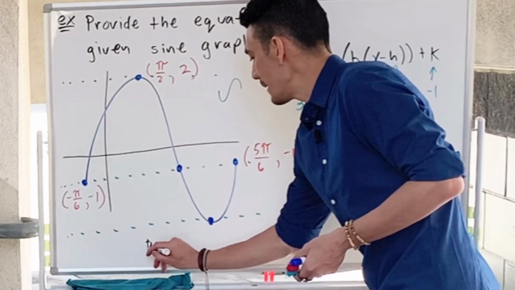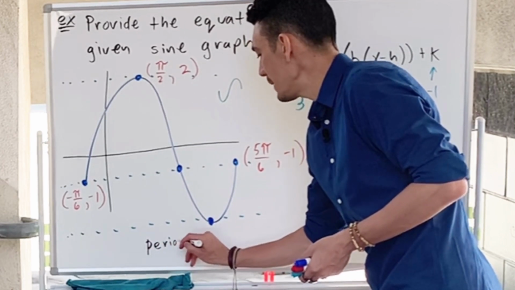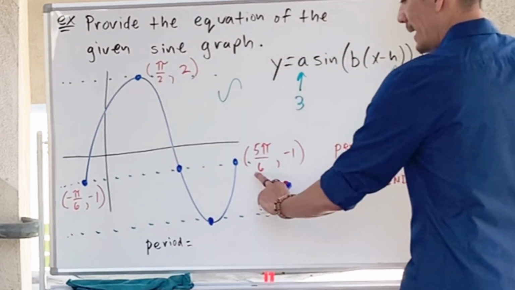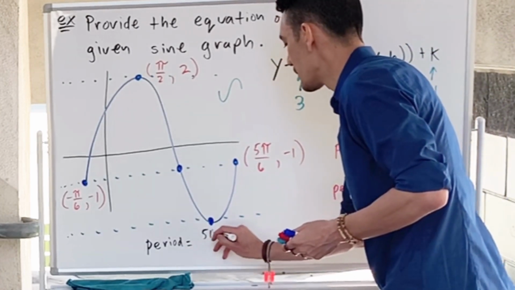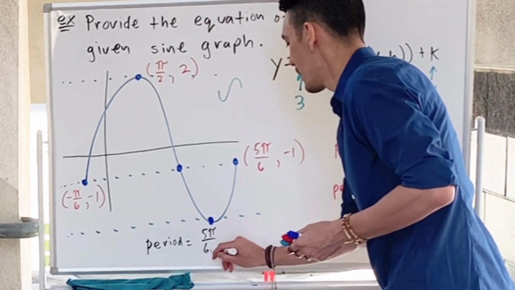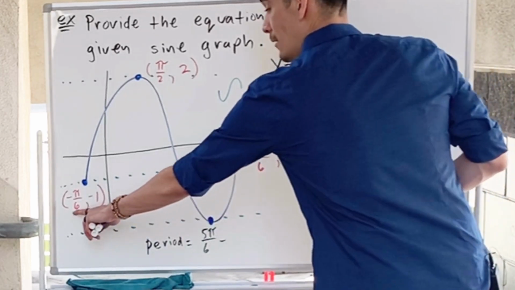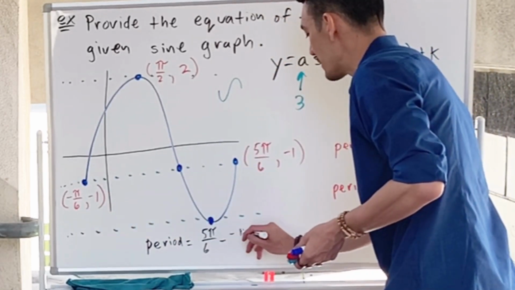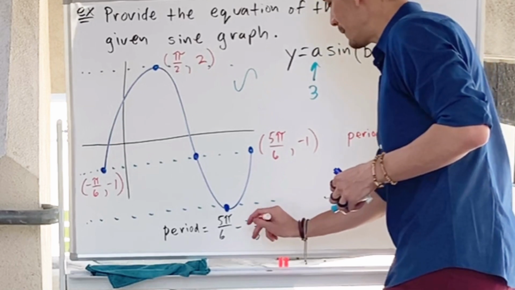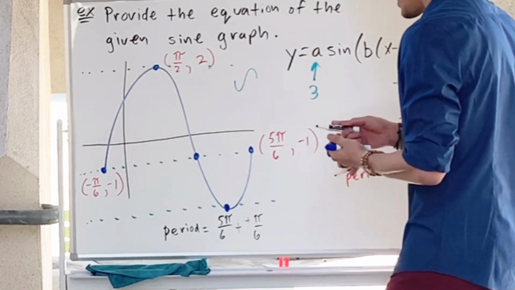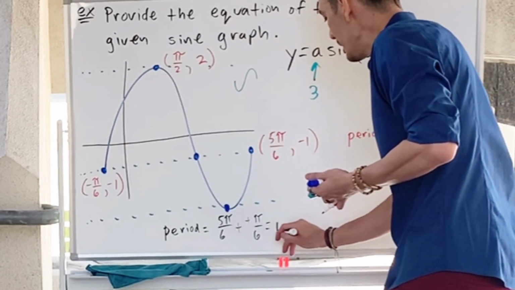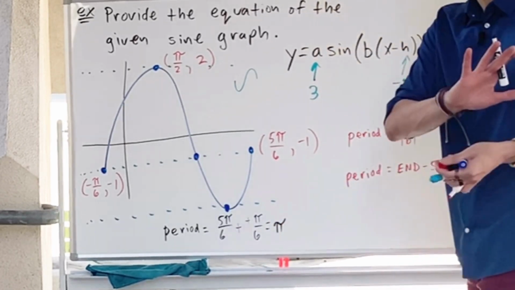So doing my work down here, period equals the end x-coordinate, which is 5 pi over 6, minus the start x, which is negative pi over 6. Now we know that the double negative becomes positive. So this plus this, crunch that into your devices, you actually get back just pi.